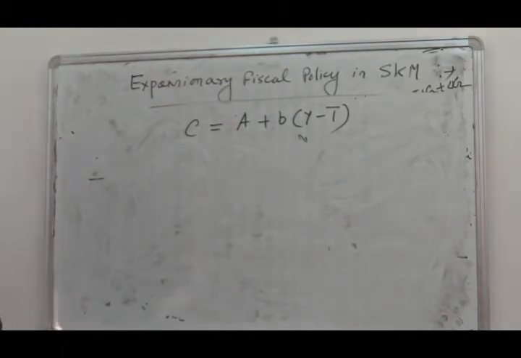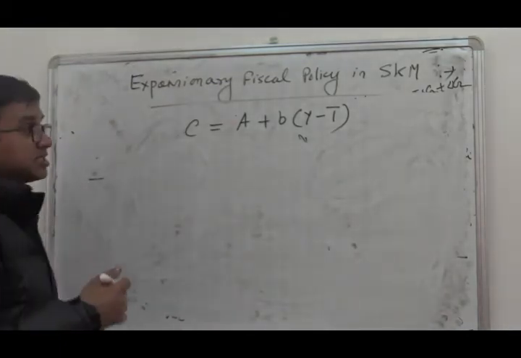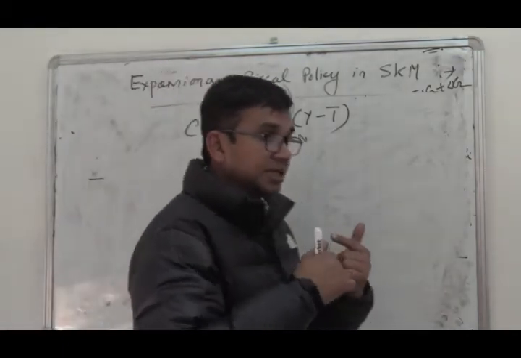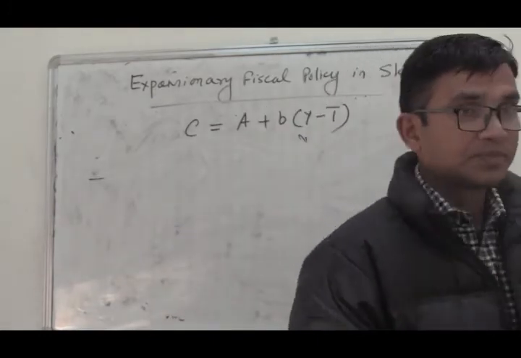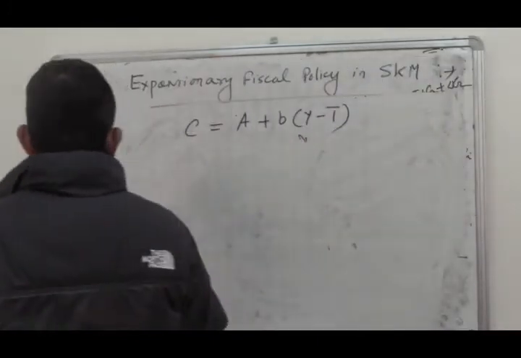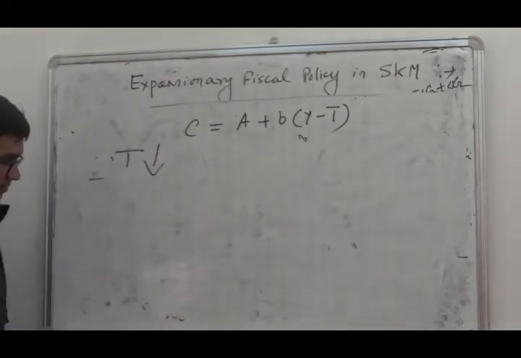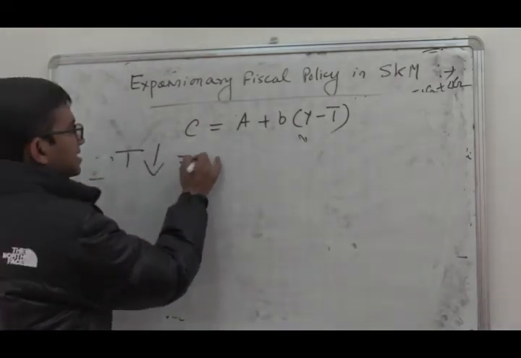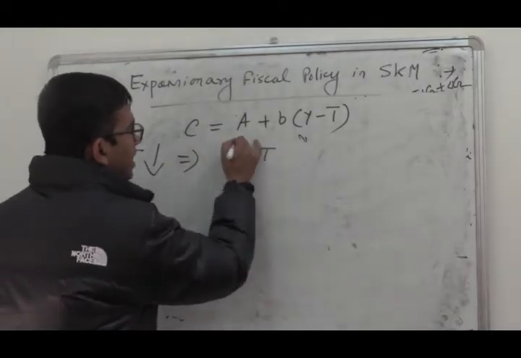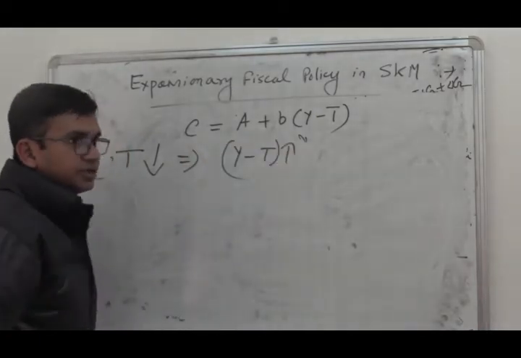Now, how is expansionary fiscal policy implemented through taxation? Whenever the government reduces the lump sum tax, Y minus T will increase.